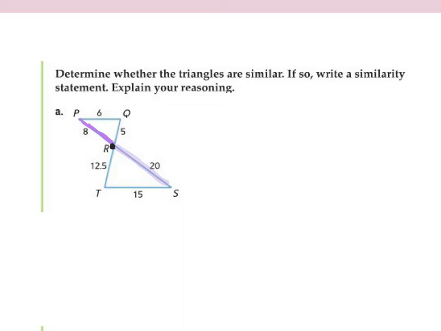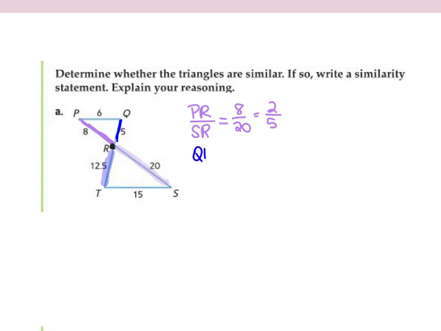If we were to compare those, we have PR over, we'll say SR, because we ended at that vertex, would be a total of 8 over 20. If we reduce 8 over 20, we get a total of 2/5. Okay, let's look at our other sides. We have QR over TR.